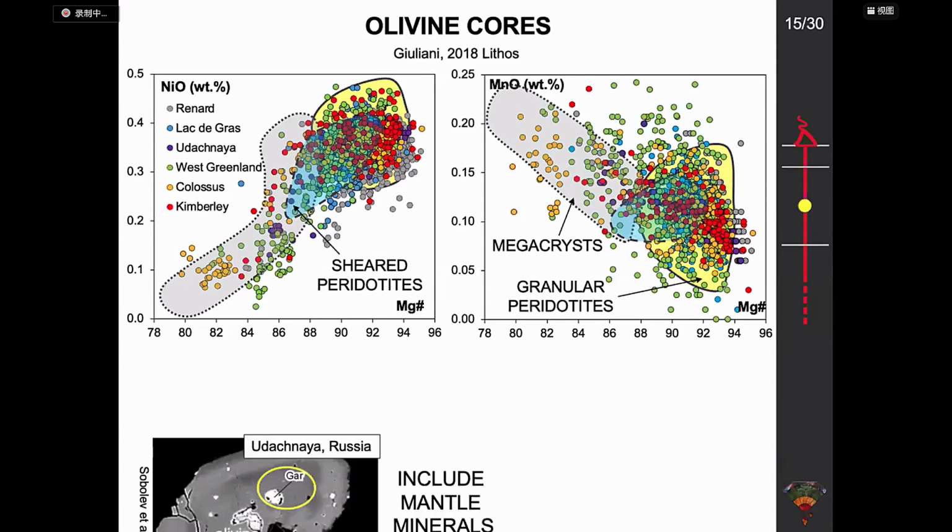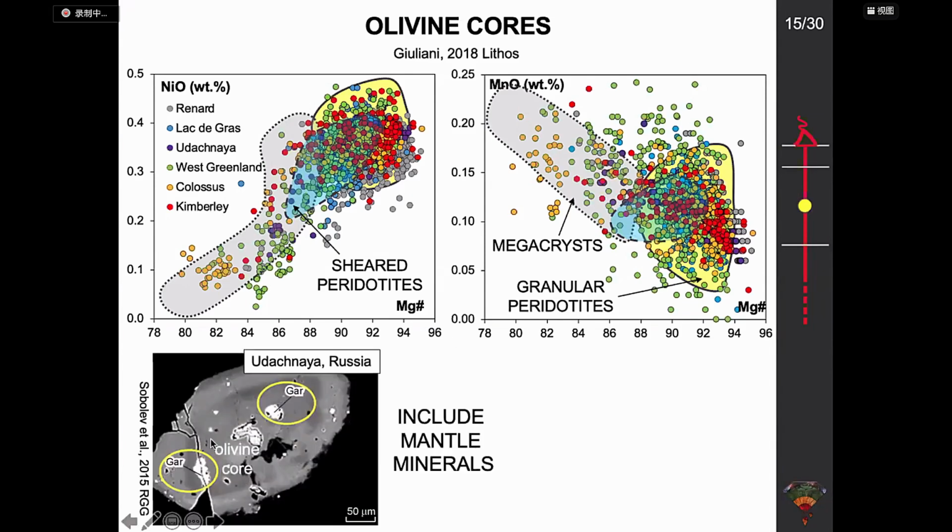The second observation stems from investigation of mineral inclusions in the olivine cores. These inclusions typically include garnet, clinopyroxene, as shown in one of the previous slides, and orthopyroxene. So these are mantle phases. These are minerals that are stable in the upper mantle, but which do not crystallize in kimberlites and are actually resorbed by kimberlite melts.